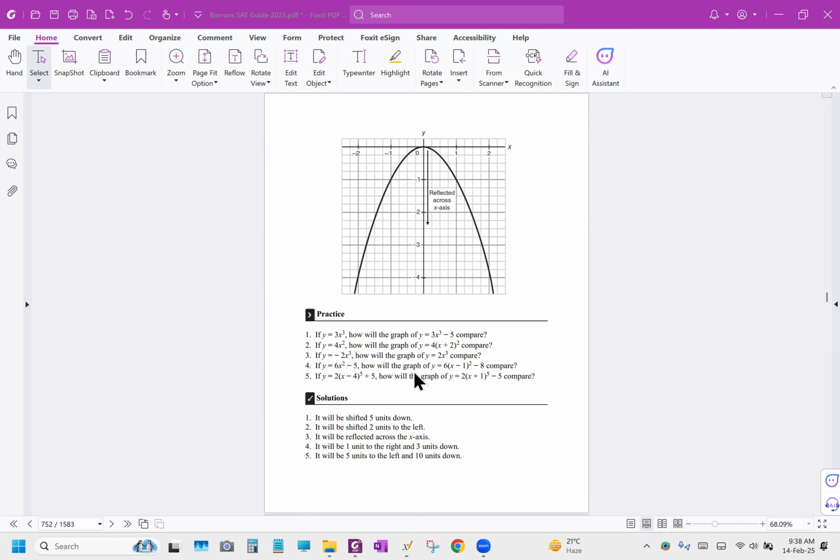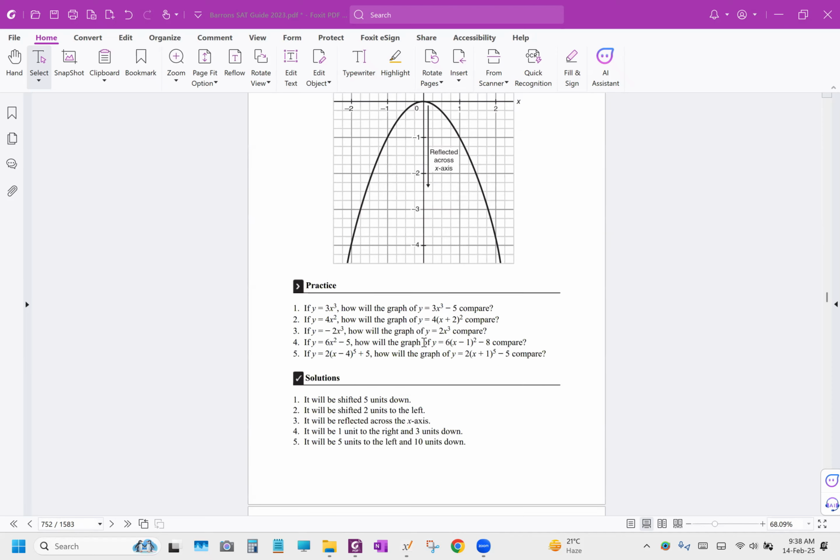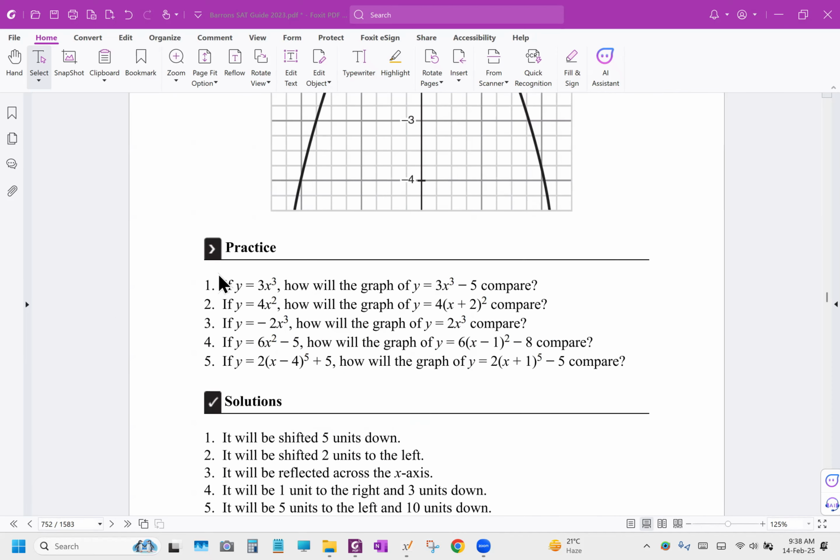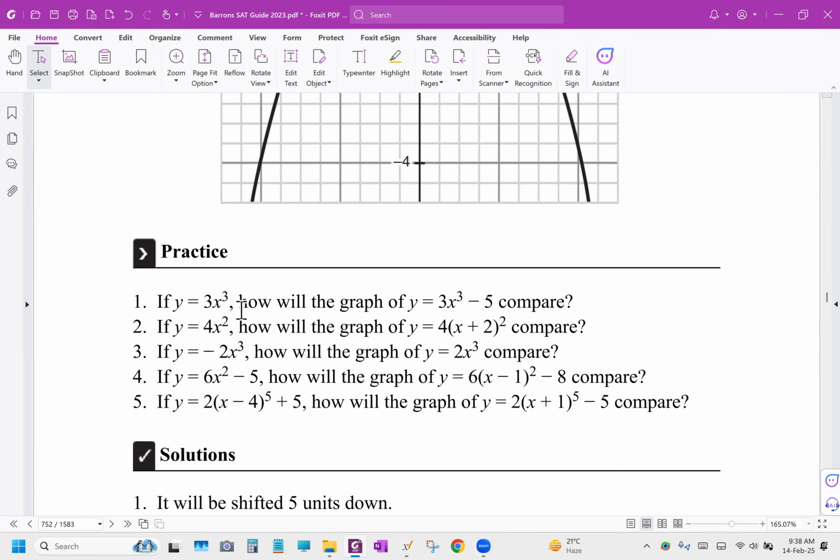Okay, all right. So we have 5 practice problems. If y equals 3x cubed, how will the graph of y equals 3x cubed minus 5 compare? I told you the ideal case, the benchmark, and the comparing case.